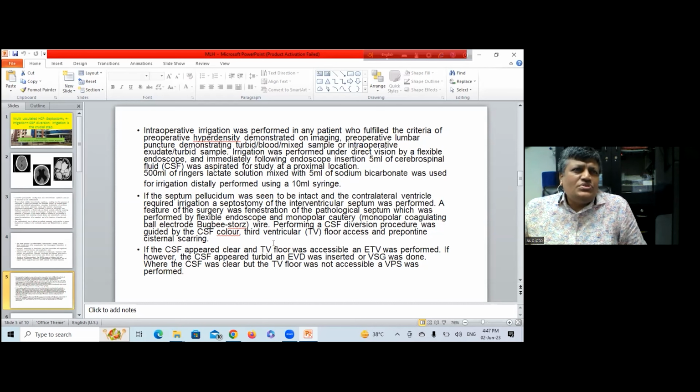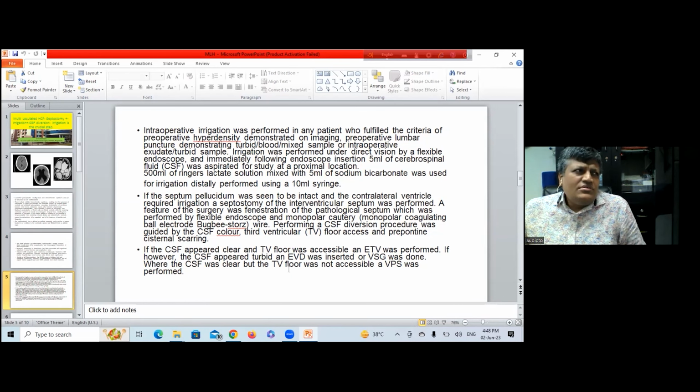Then we use a flexible endoscope, even the latest chip-on-tip flexible endoscope. We give endoscopic irrigation under direct vision and remove debris of different types. So we make fenestration and give irrigation at the same time.